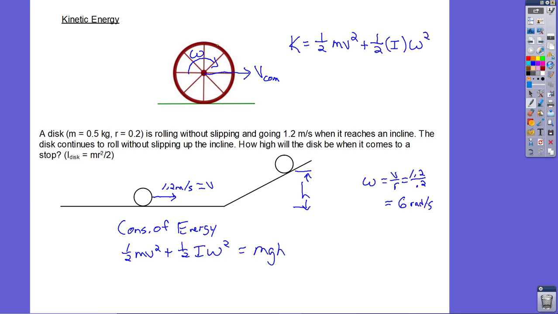And then we also need to know I. We can go ahead and figure that out. I for a disk, and on your AP test, if you need to calculate an I, they will always give it to you. Okay, so they'll give you the formula. So that's 1/2 mr squared, or mr squared over 2.